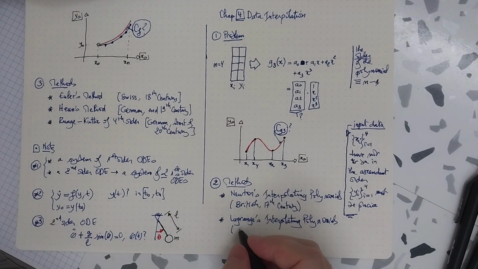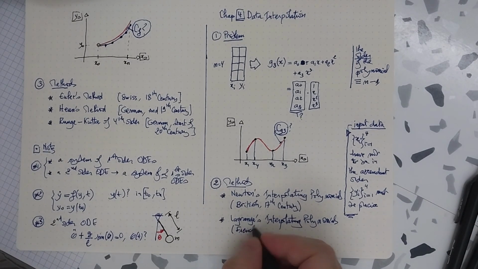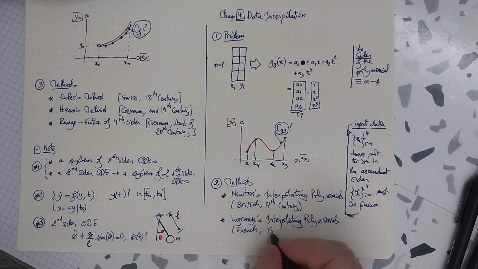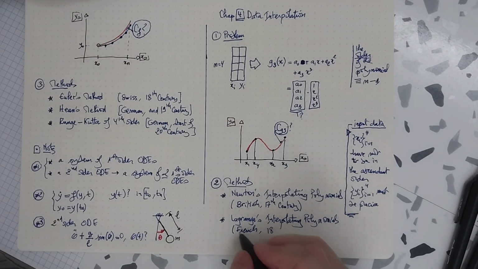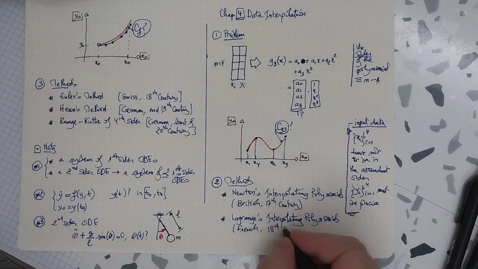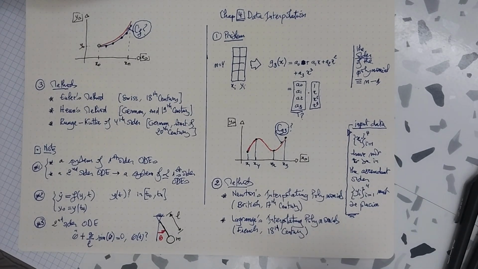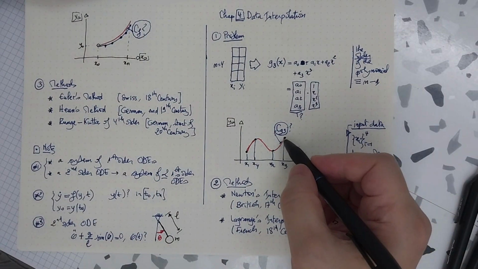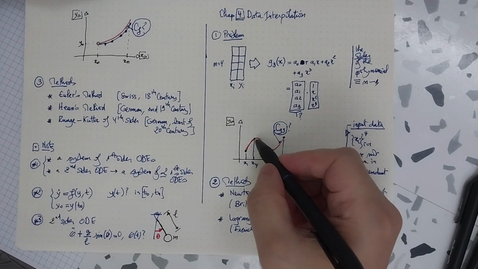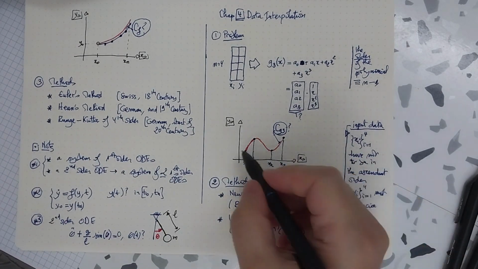He is actually Italian, but then he changed citizenship to become French. In the 18th century, he is also very well known in elasticity and mechanics. So in these two methods, we will look for one single polynomial that crosses all the given data points.